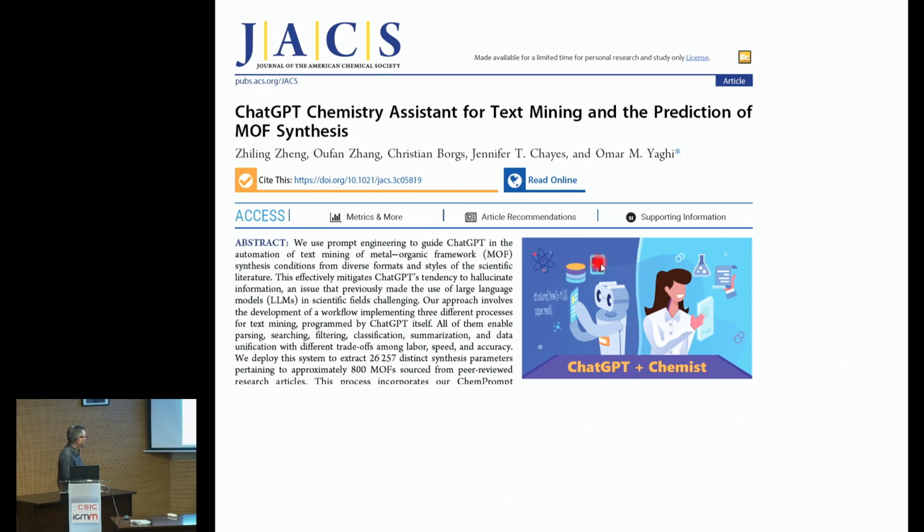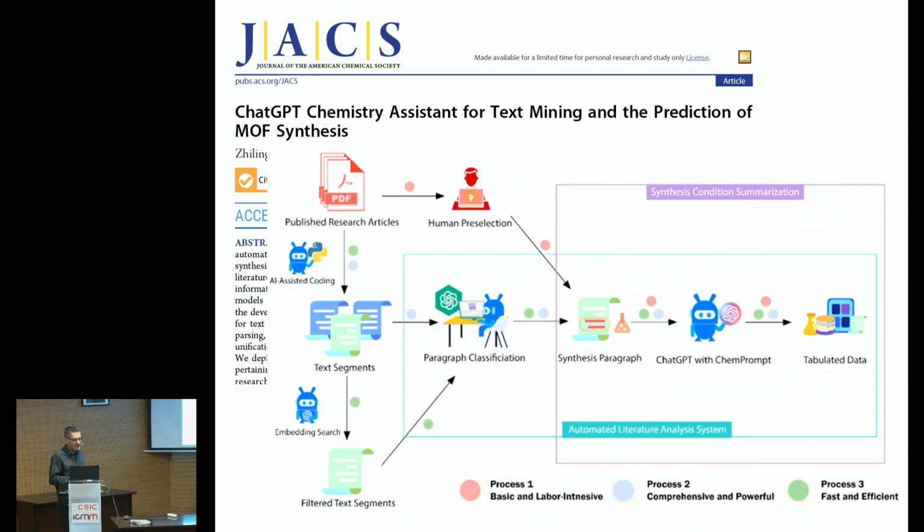This is a recent paper from Omar Yaghi, who is using ChatGPT to synthesize materials, to synthesize MOFs. So instead of having a student trying to find ways to synthesize a material, you can use ChatGPT to find all the different texts that talk about the synthesis, and then do some searching and tuning, and at the end it finds you a synthetic route.